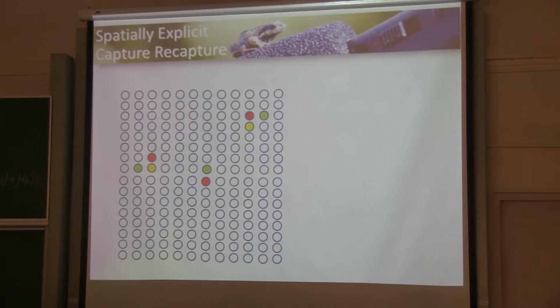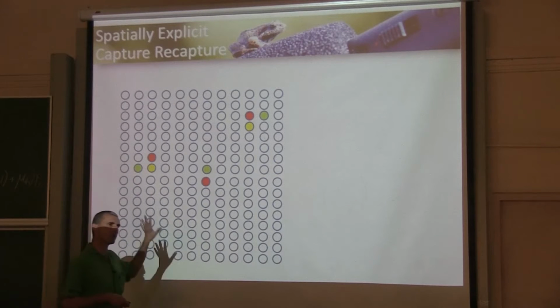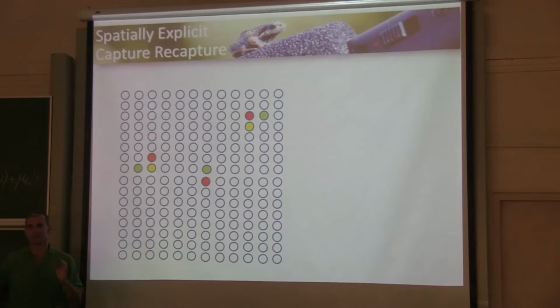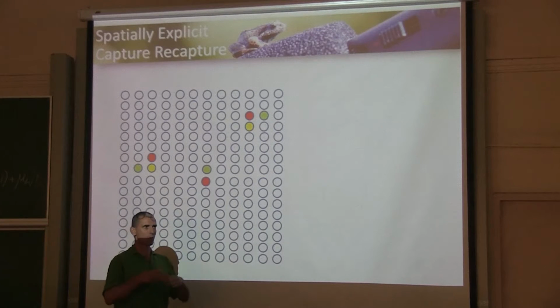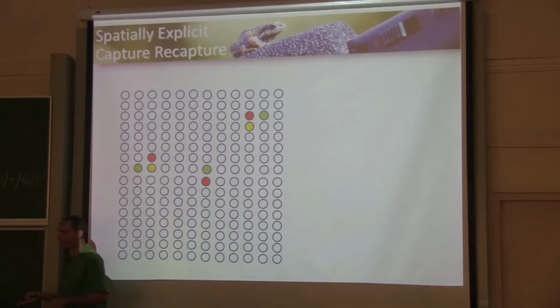So the idea of spatially explicit capture-recapture is that you can use this information about where you're capturing the individuals to give you some idea not just of the number of individuals you have, but also the area that these individuals occur in. So for those of you who are used to capture-recapture, what you end up with is a population estimate, amongst other things.